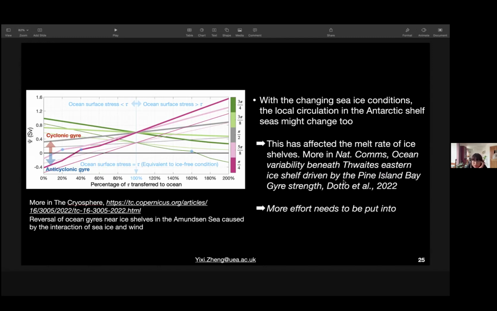You can read more in this paper, which described a very nice work by Thiago Dotto and co-authors, how the gyre change is affecting the Thwaites melt rate. And also more effort needs to be put into the sea ice change and how it affects the ocean circulation in Antarctic shelf seas. And then that will be everything.